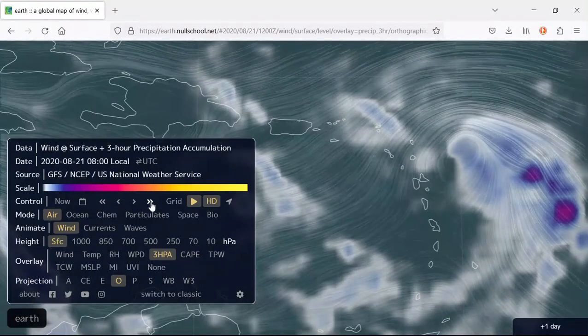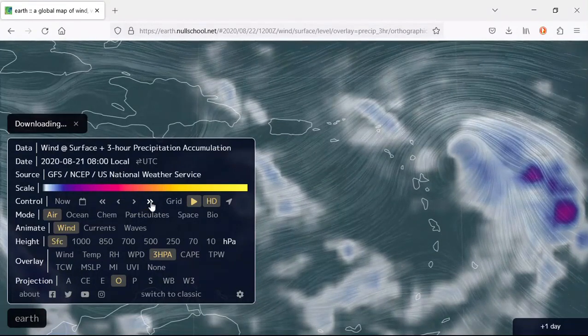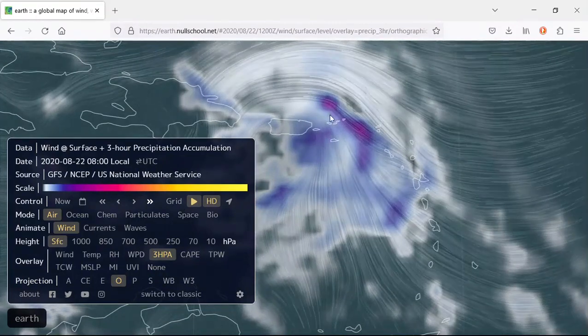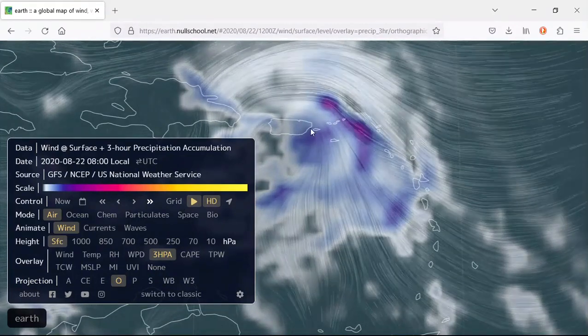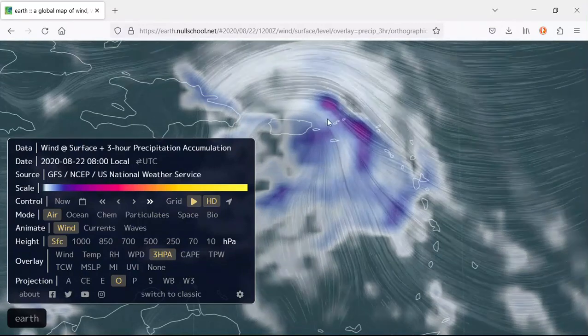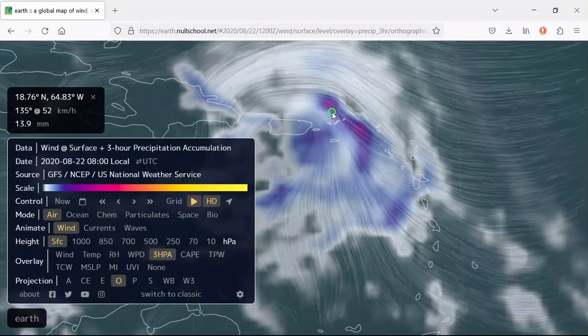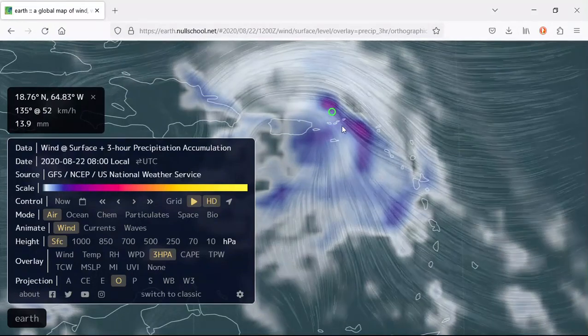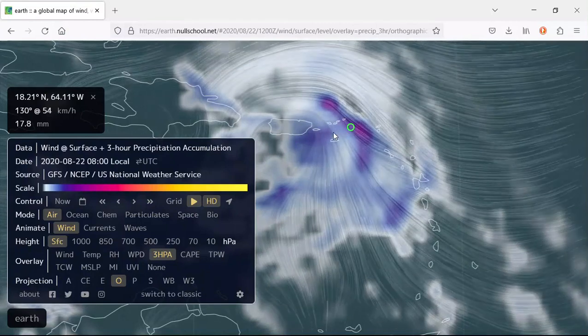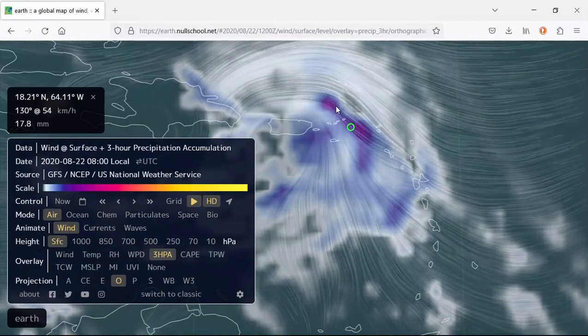I'll go ahead and put the motion in one more time, going farther. And so now this particular system became a tropical storm at this point because the wind speeds increased. So go ahead and look at the wind speeds. We're looking at wind speeds of 52 kilometers per hour. We're wanting miles per hour here, but we can see the very fast winds.